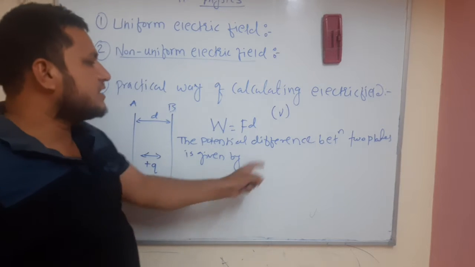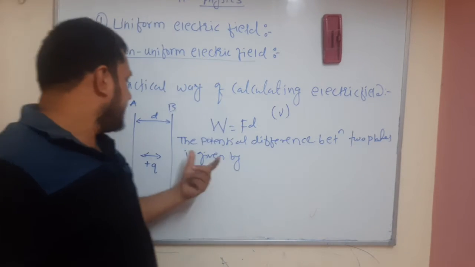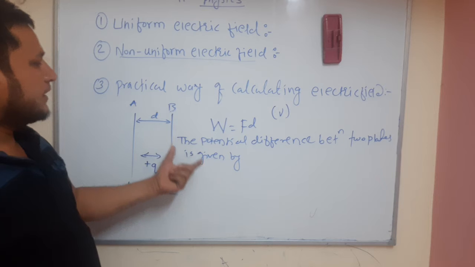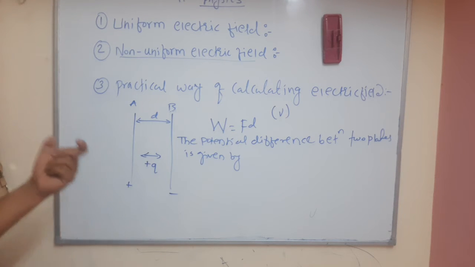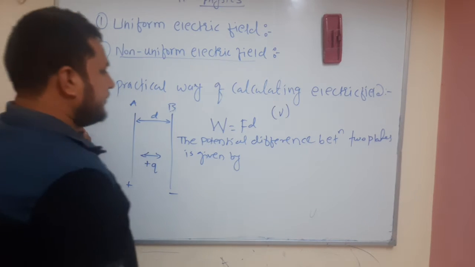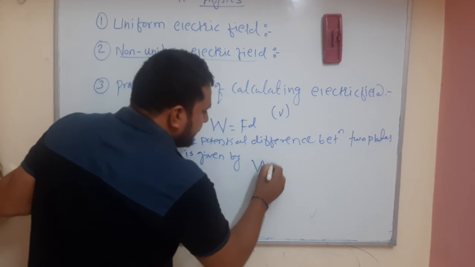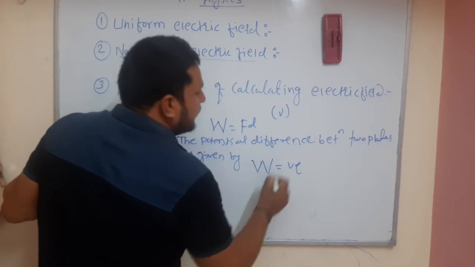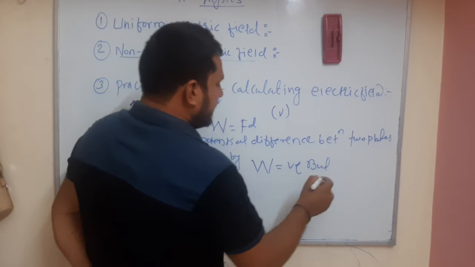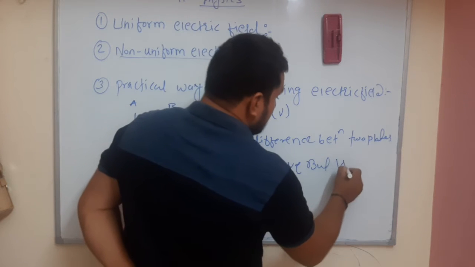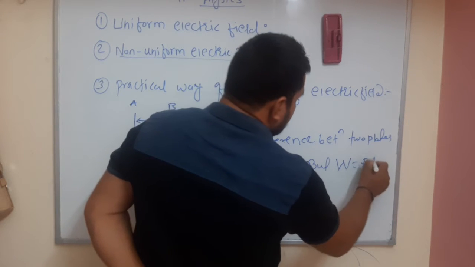The work done is given by W equals VQ, where V is the potential difference between the two plates. But we also have W equals FD.